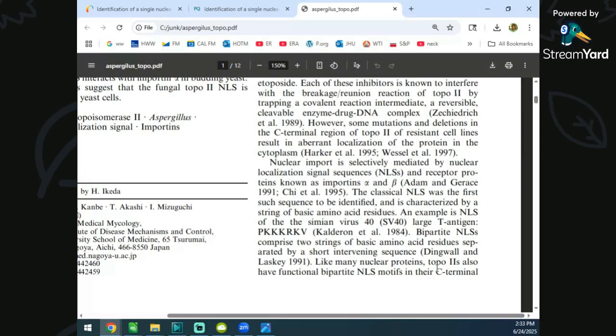The classical nuclear localization signal was the first such sequence to be identified and is characterized by a string of basic amino acid residues. An example is the nuclear localization signal of the simian virus 40 large T antigen, PKKKRKV.